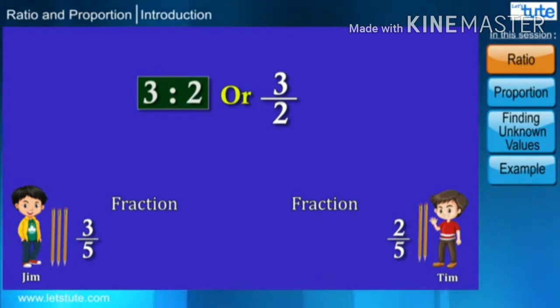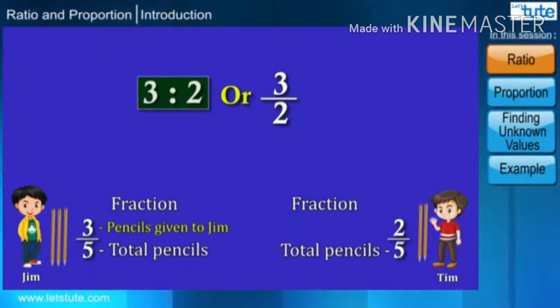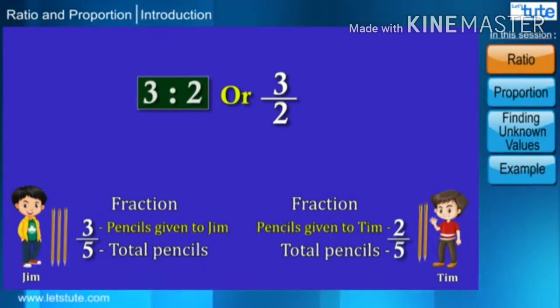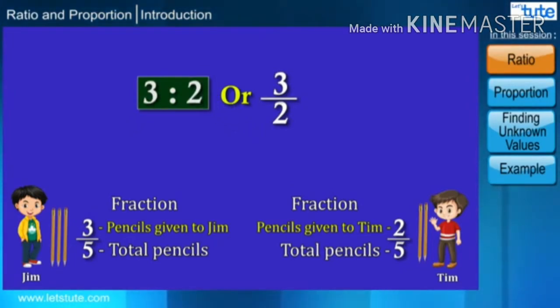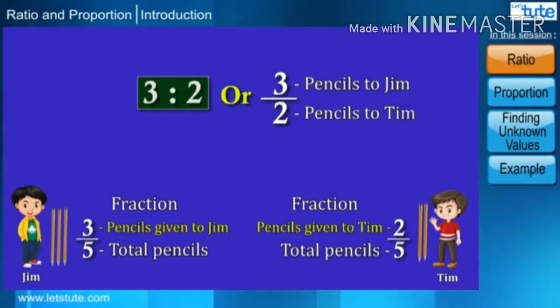That is, you have total 5 pencils and out of that, 3 pencils you have given to Jim. And out of 5 pencils, you have given 2 pencils to Tim. But in the ratio where it says 3:2 or 3 divided by 2, it means you have to give 3 pencils to Jim and 2 pencils to Tim.